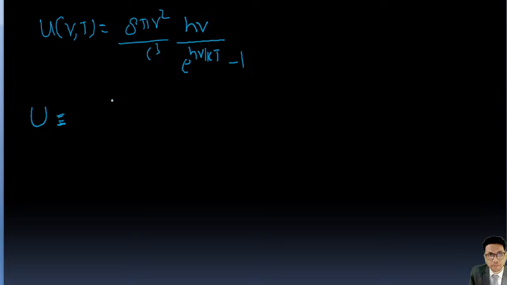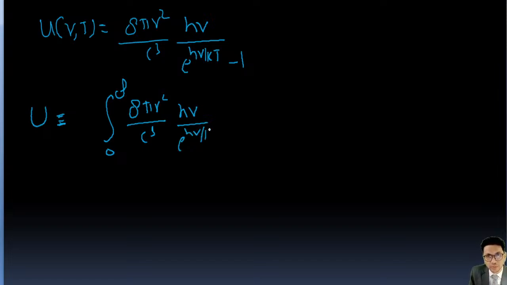It is going to be the integration from 0 to infinity of 8 pi nu square upon c cube into h nu upon e to the power h nu upon kT minus 1. Let h nu upon kT be x.